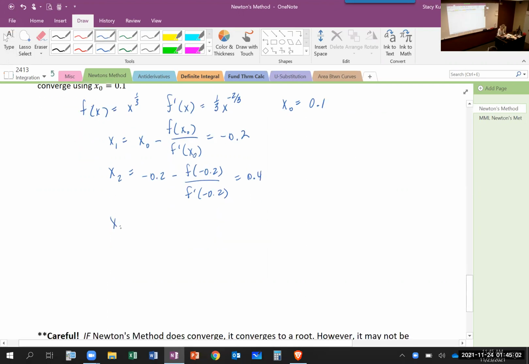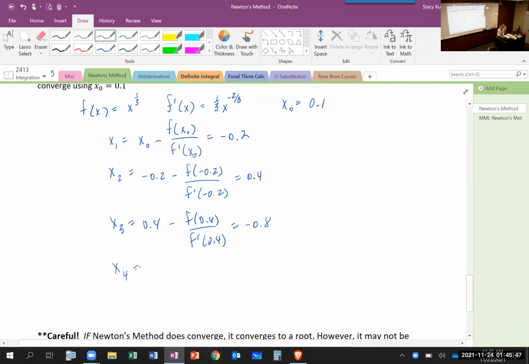Okay, how about for the third iteration? 0.4 minus f of 0.4 over the derivative at 0.4. Negative 0.8.